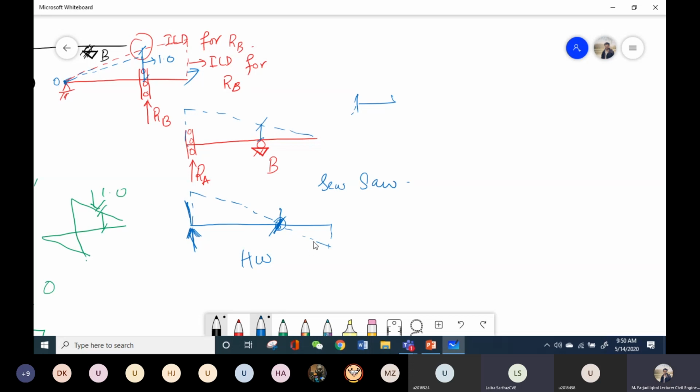So this is what the shape looks like. So this is what the deflection is. At this point, it can't move up because the purpose of this support is to resist the vertical movement. What does the roller support resist? The vertical reaction only. So it won't move up at this. You got the idea? Yes sir.